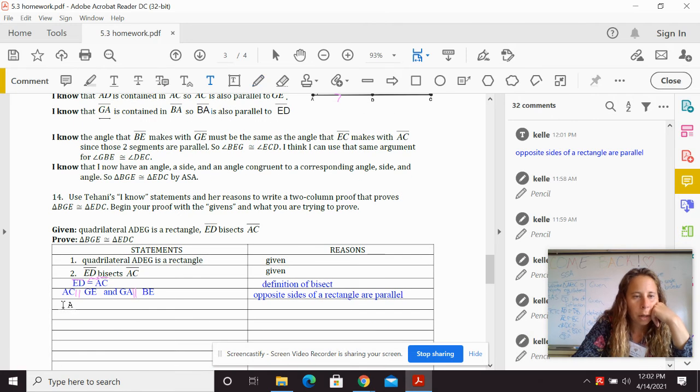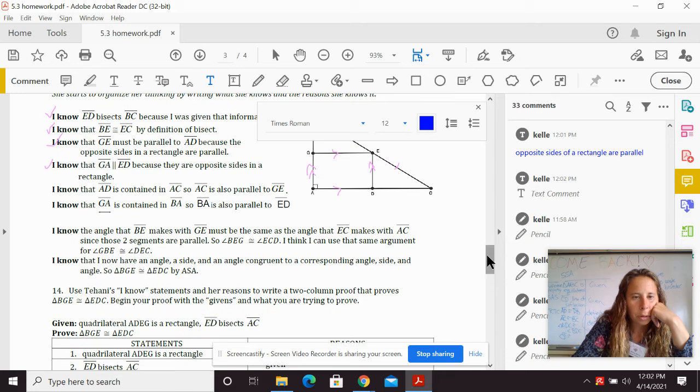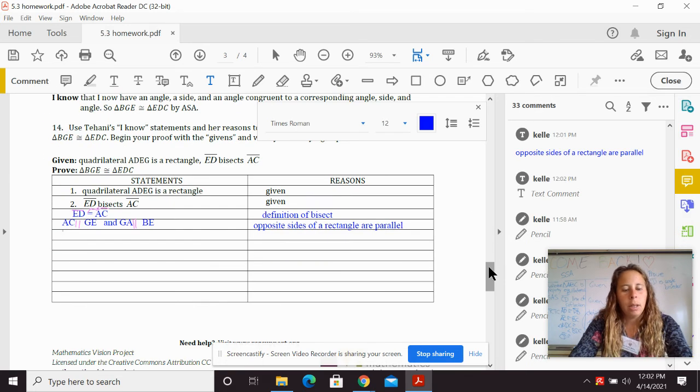So AC is parallel to GE. AC is parallel to. Did I write that wrong? Hold on. Oh, my bad. This was supposed to be AD, wasn't it?